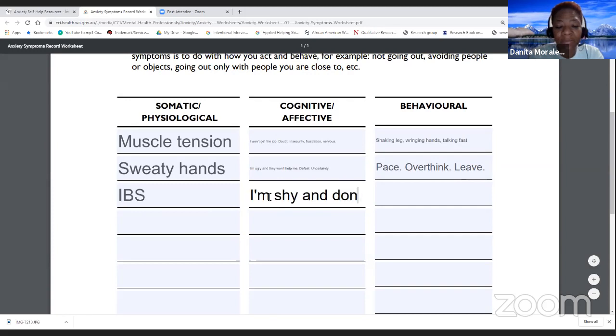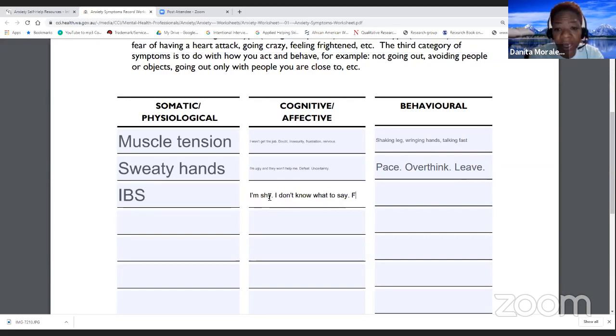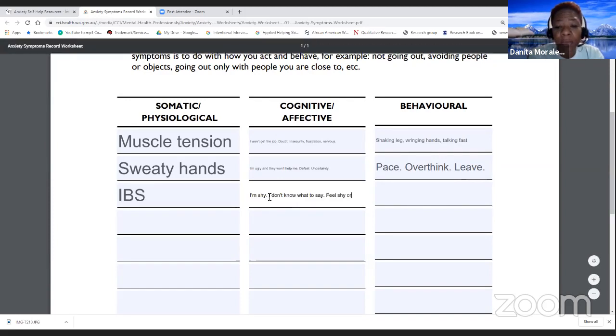I'm shy, so I don't like meeting new people. And so I might think, I'm shy. I don't know what to say. And I feel shy or embarrassed. Let's try that. I feel embarrassed.